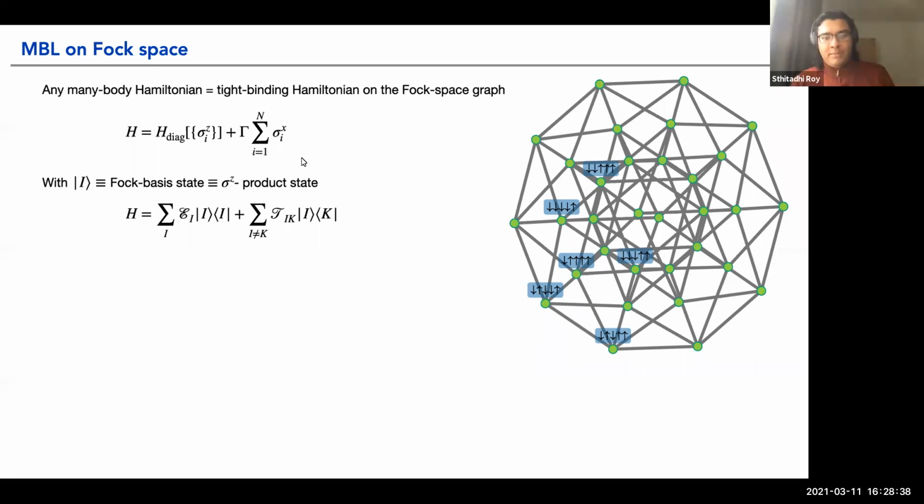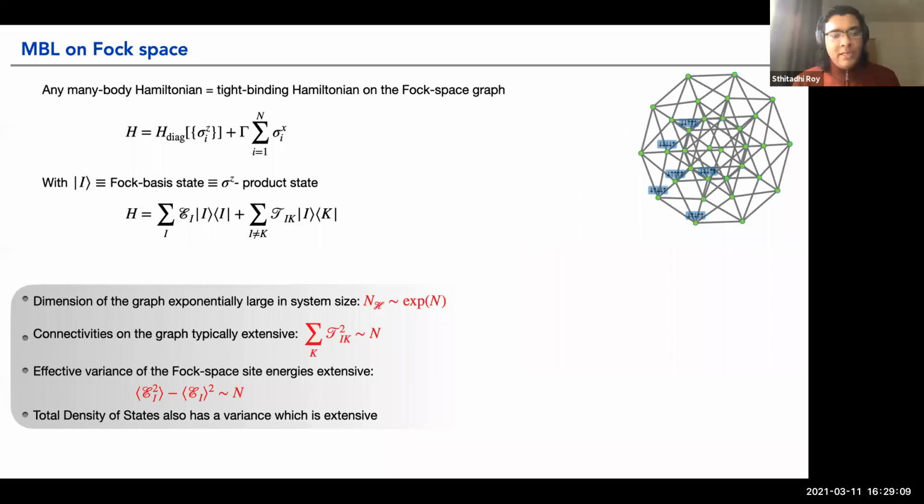On the basis defined by the sigma z product states, I can write down the Hamiltonian as the tight-binding Hamiltonian on the Fock-space graph, where each node I is a spin configuration of all the n spins in my system. It has some energy E_I, and this spin flip generates some hopping between the different Fock-space sites, which I call T_IK.